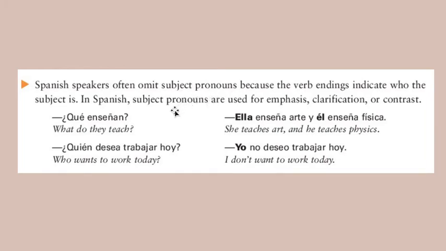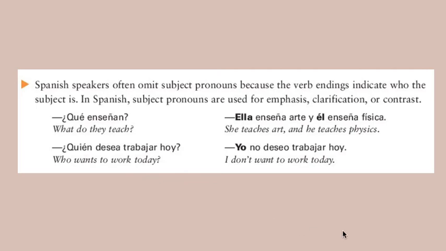What do they teach? Or ¿qué enseñan ellos? What do they teach? ¿Quién desea trabajar hoy? Who wants to work today? Notice there is no subject pronoun because it's omitted, given that we have the conjugation of the verb, which means the third person singular. Who wants to work today?